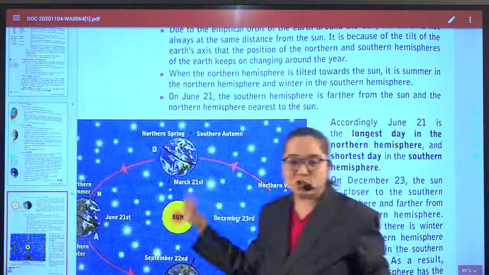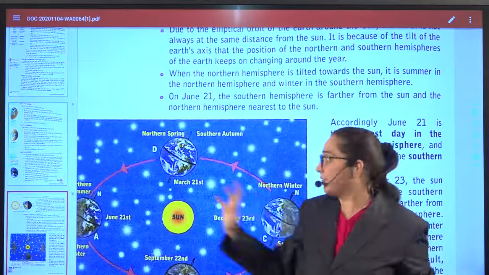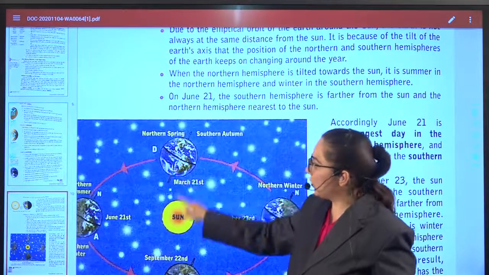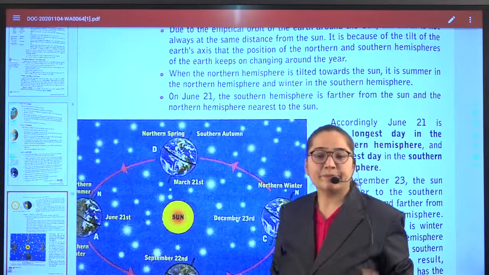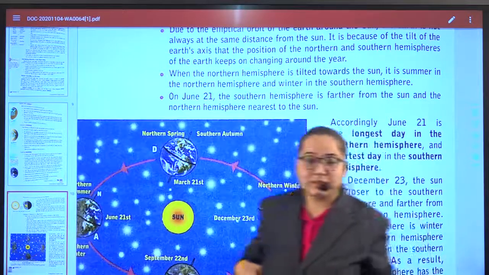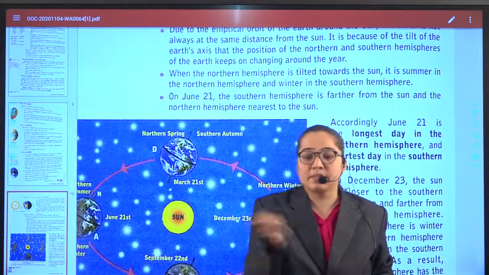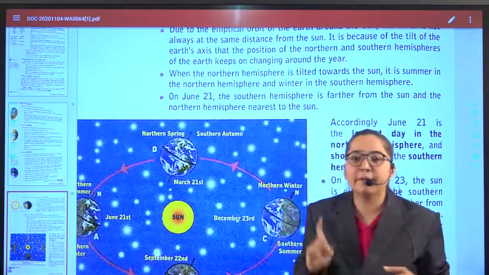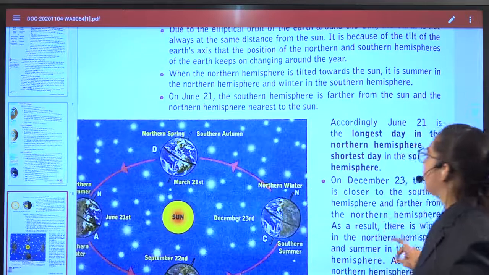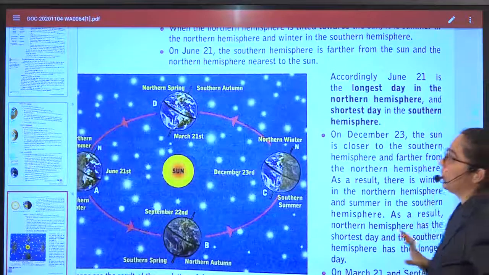Okay, when the tilt is towards the sun, then what are we having? If the northern face is over here, then over there there will be the summer, and if the southern is facing the sun, then at that time there will be summer. So these are the days which you have to remember.